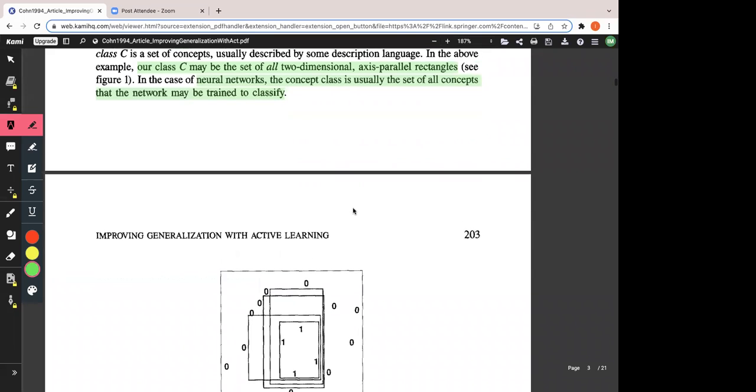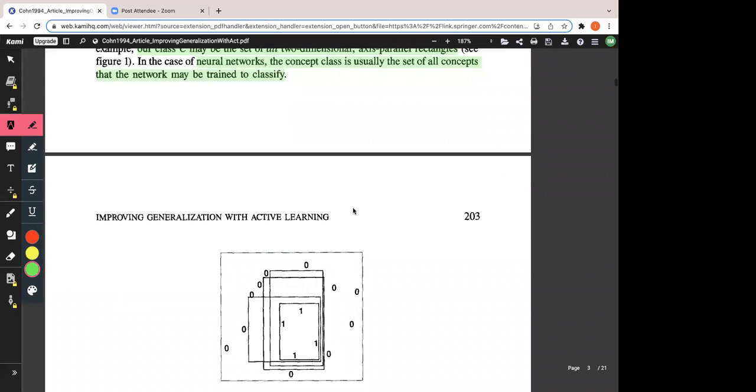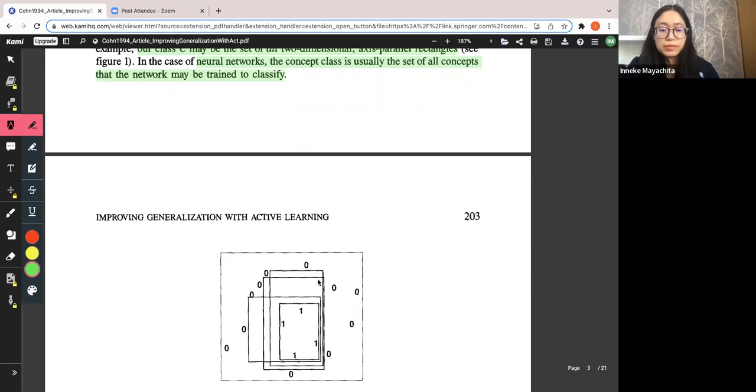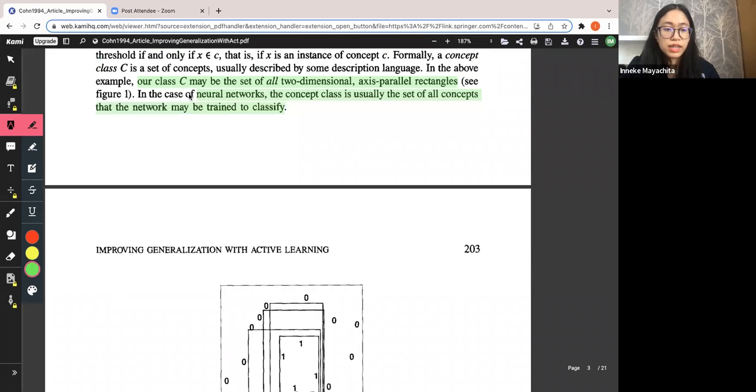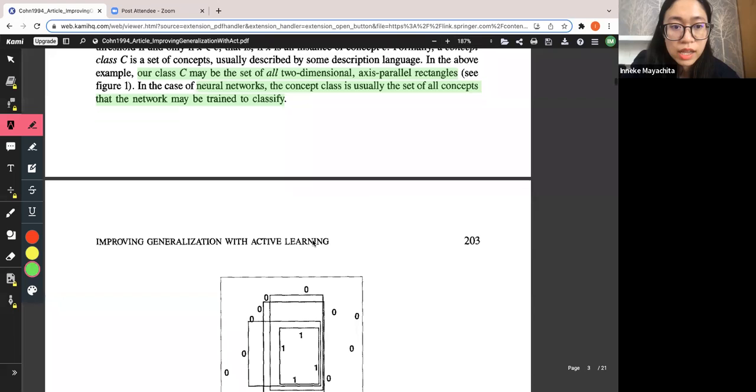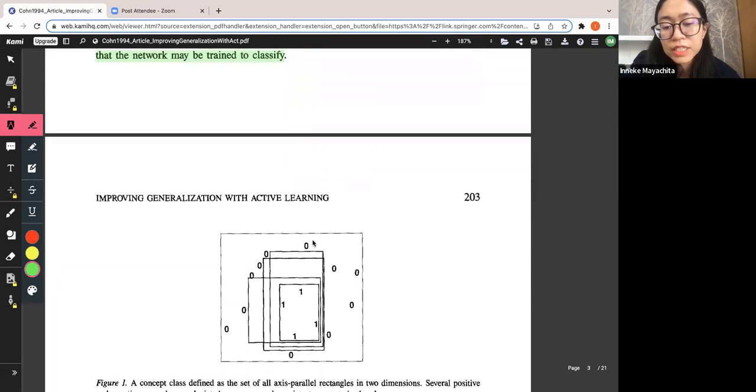Sure. And the collection of concepts they call the class C. Basically, it's just the collection of all of these possible areas or boundaries. And what is it in the neural network context? Later in this paper, we will see that each concept is just like a set of hyperparameters of the model.